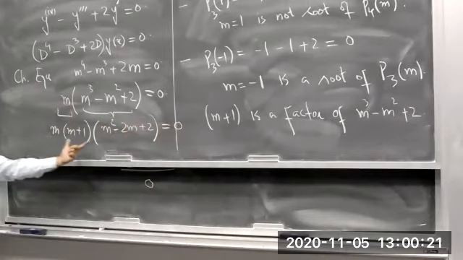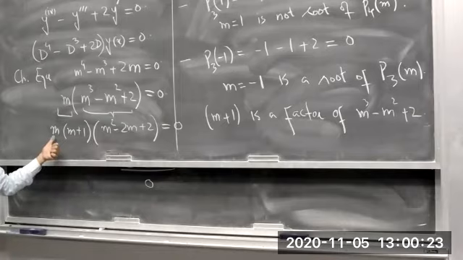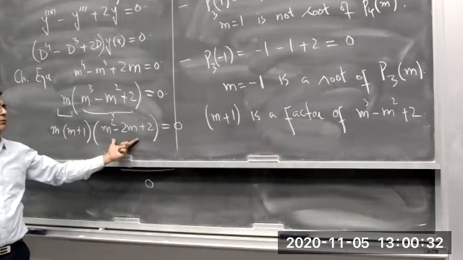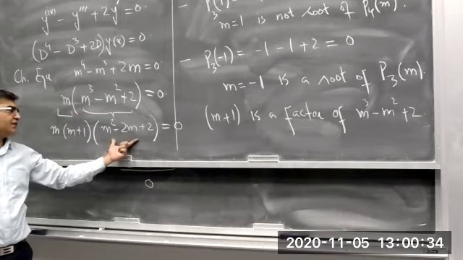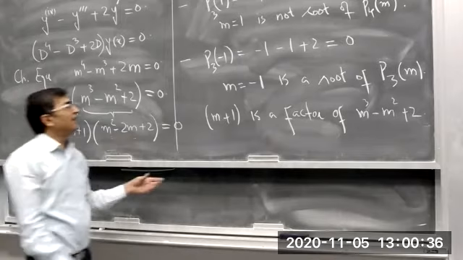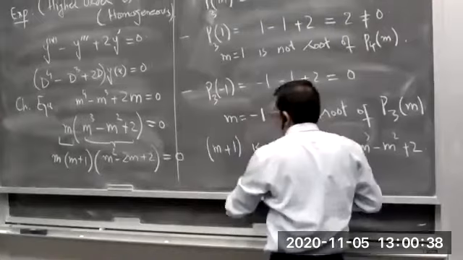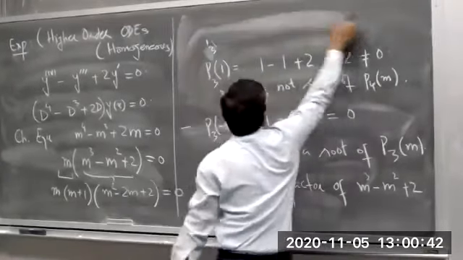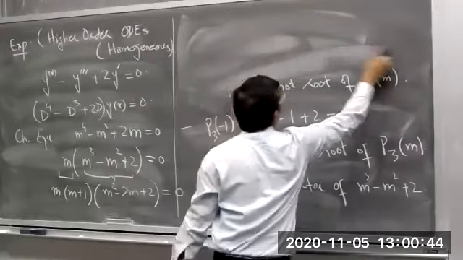Now we can find the roots of this polynomial. What will be the roots? One root will be m equal to 0, one will be m equal to minus 1, and then we can solve this quadratic equation by using the quadratic formula or factorization. After solving this, we can finally find the roots.